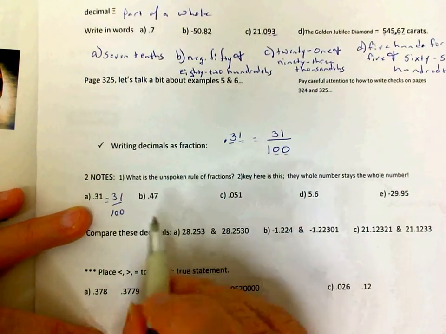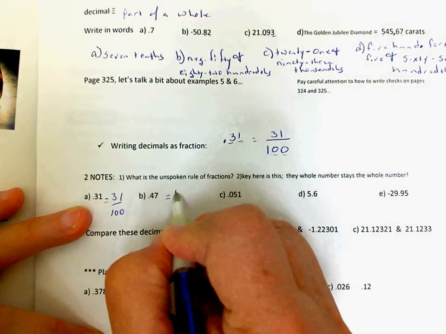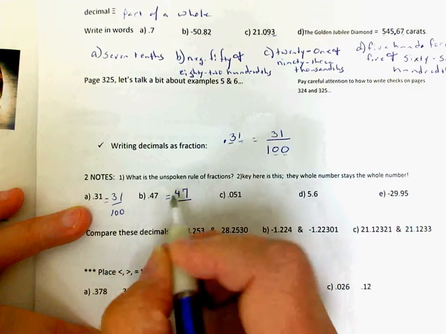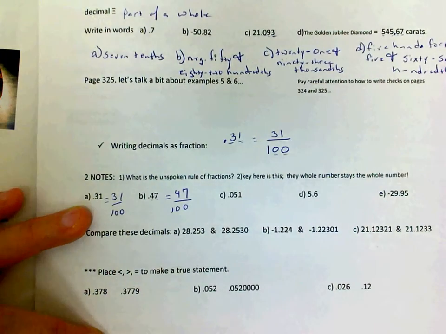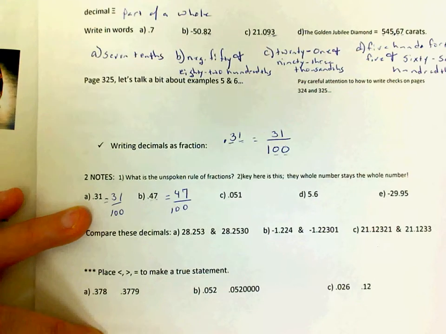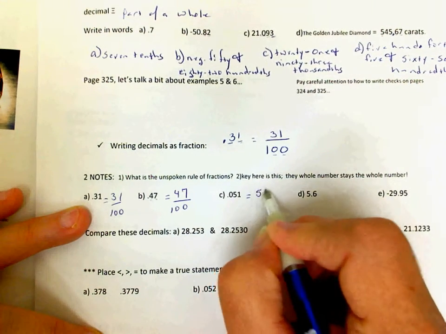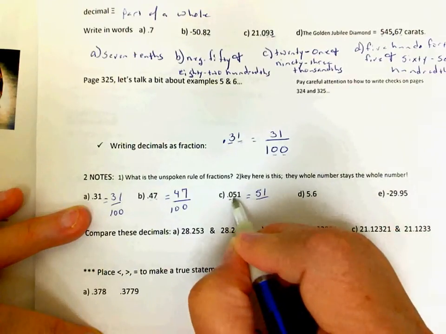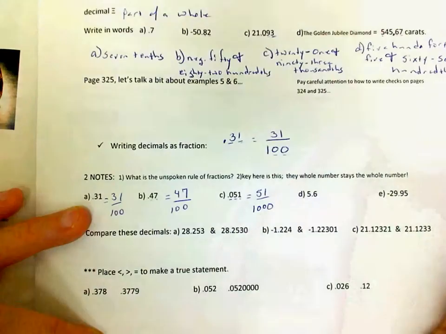Now, for part B, we put the 47 over, and we've got 2 decimal places, so we put it over 100. By the way, 47 is also prime, and it won't go into 100. Now, part C, 51, but it has 1, 2, 3 decimal places, so we have to have 3 zeros on the bottom.